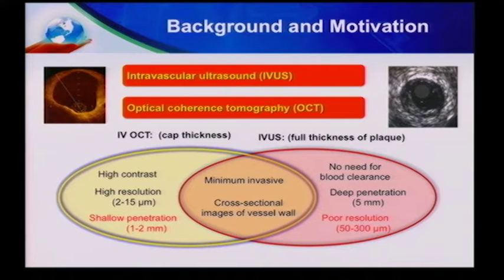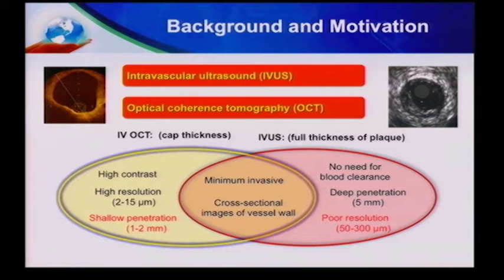Currently, interventional cardiology uses two technologies. Traditionally they use intravascular ultrasound, which has been there for almost 15 years. And in the last few years optical coherence tomography got into the market. These two technologies are really complementary. OCT has much higher spatial resolution, but its penetration depth is fairly shallow, so it cannot see the full thickness of the plaque.